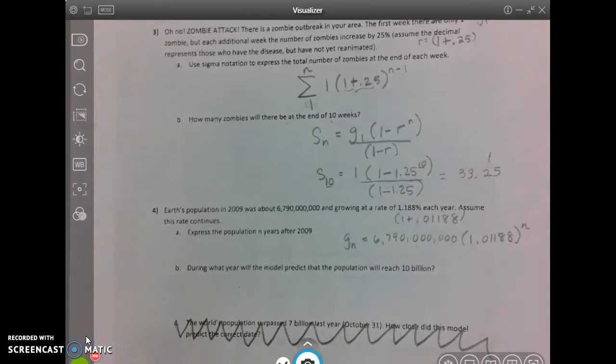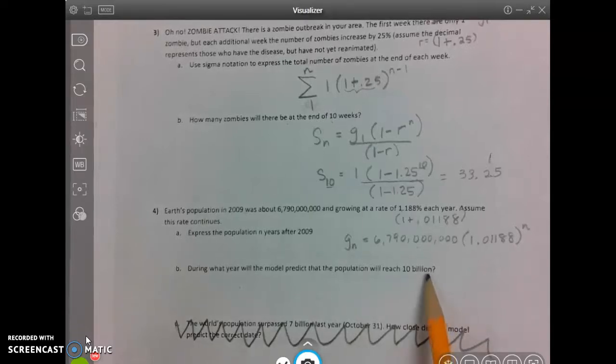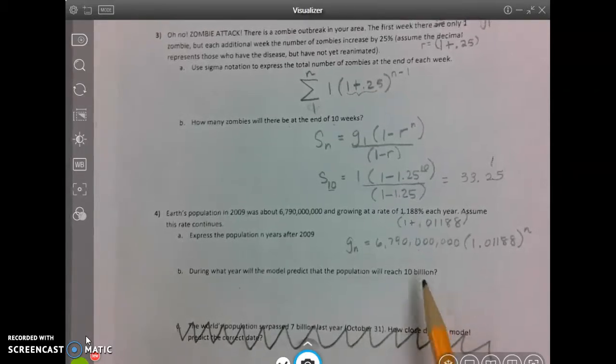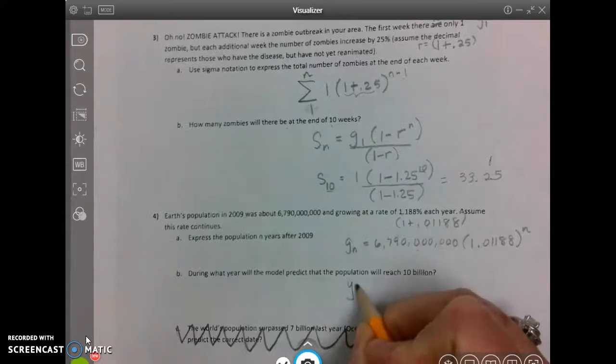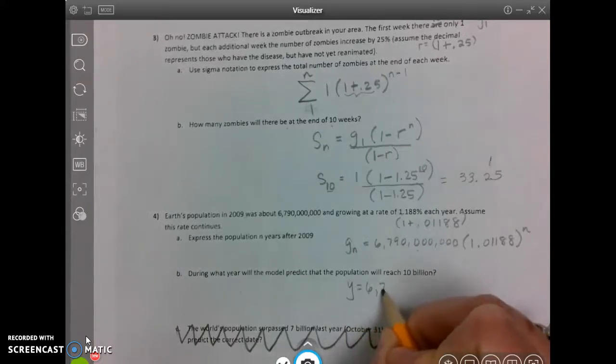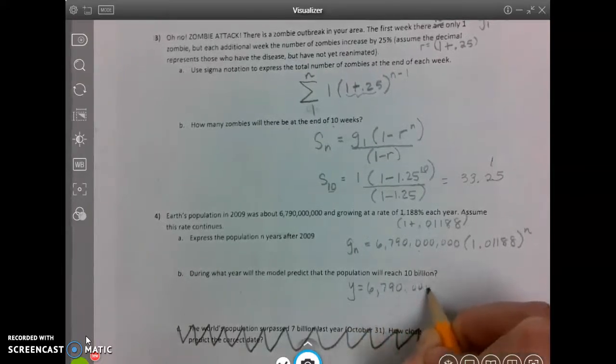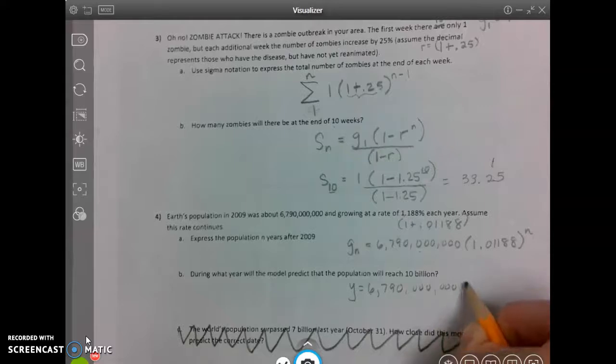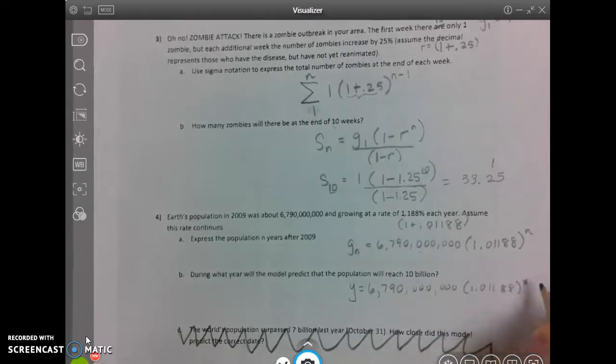Question B asks me, during what year will the model predict that the population will reach 10 billion? Well, what I'm going to have to do is use my table. I'm going to go to y equals and put in 6,790,000,000 times 1.01188 to the x.